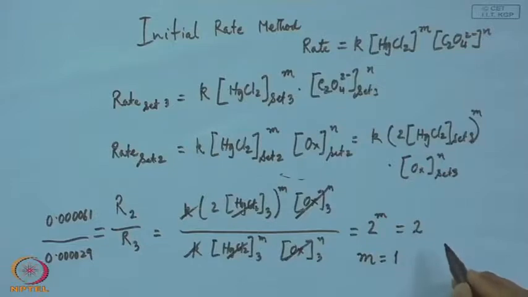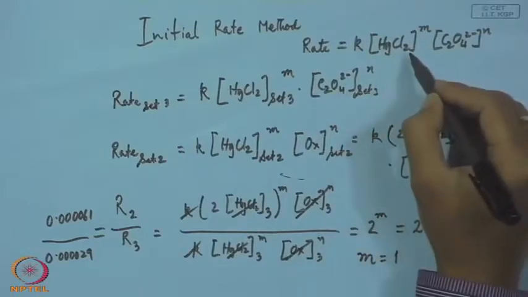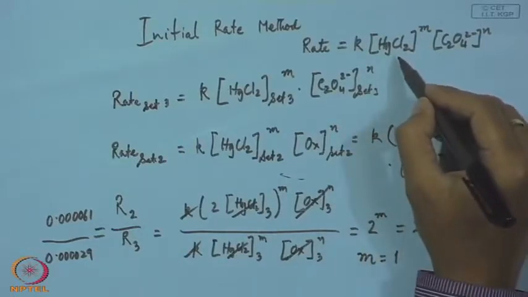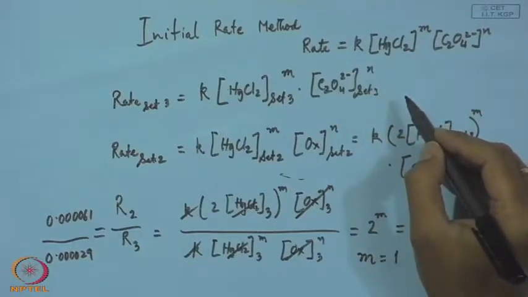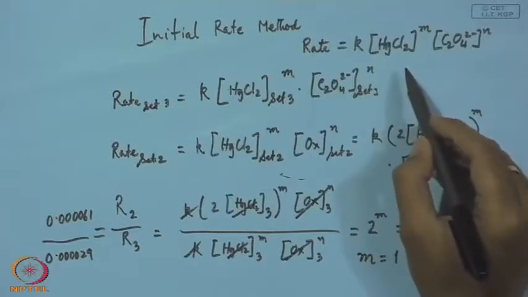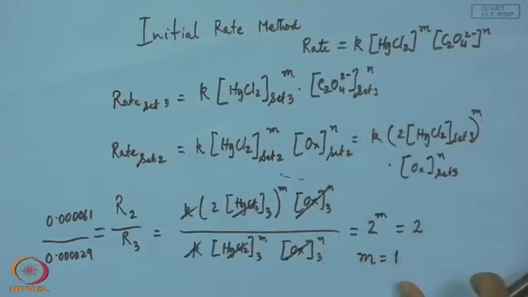Now we are able to find the value of m, the order with respect to HgCl2. It is the first order with respect to HgCl2 in the reaction between HgCl2 and oxalate.